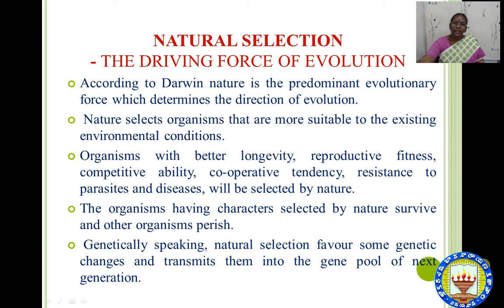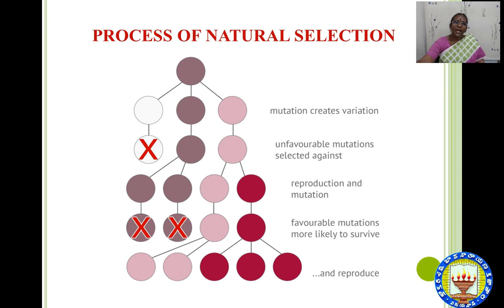Genetically speaking, natural selection favors some genetic changes and transmits them into the gene pool of the next generation. Coming to the last, here you can see the process of natural selection. See, this is the ancestral one, which has given rise to three types depending upon the mutations.